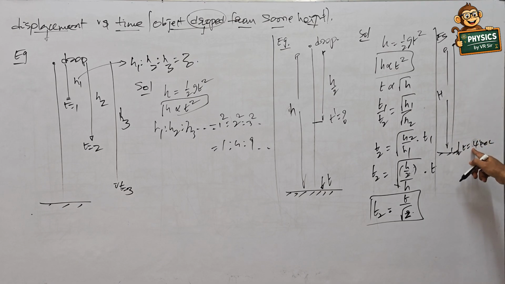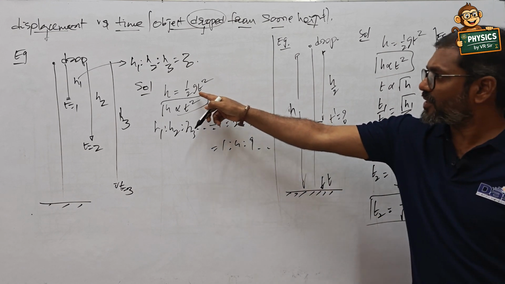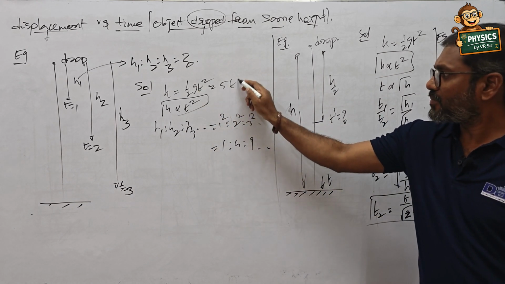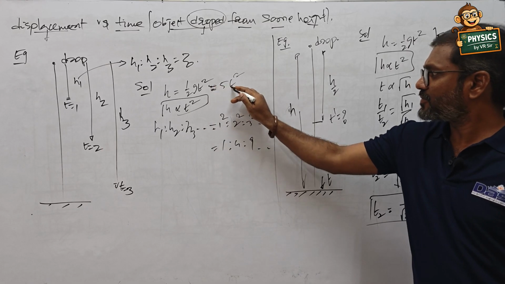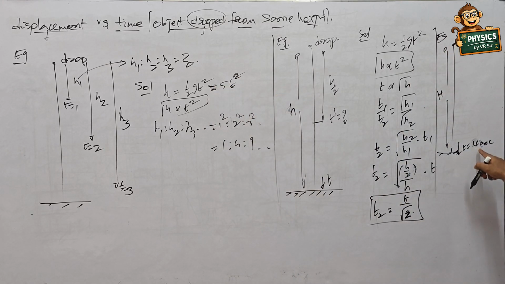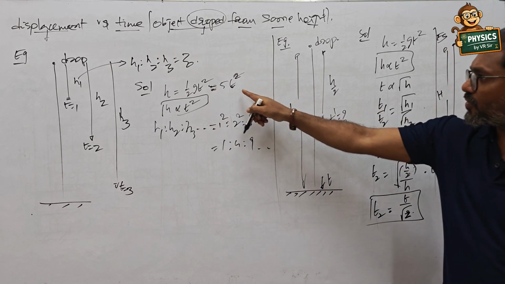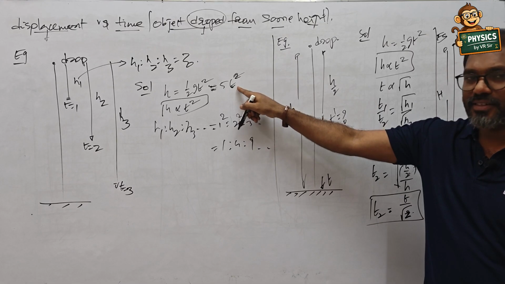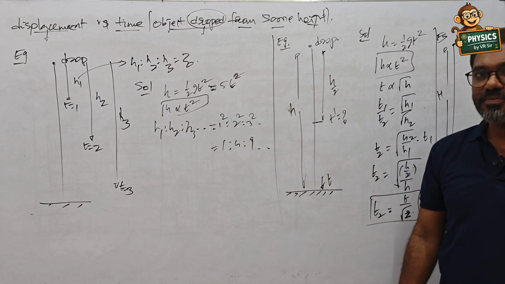We all know clearly how much depth it falls in 4 seconds using the formula 5t square. t is given as 4. Hope you are following this. 4 square is 16, into 5, 80.